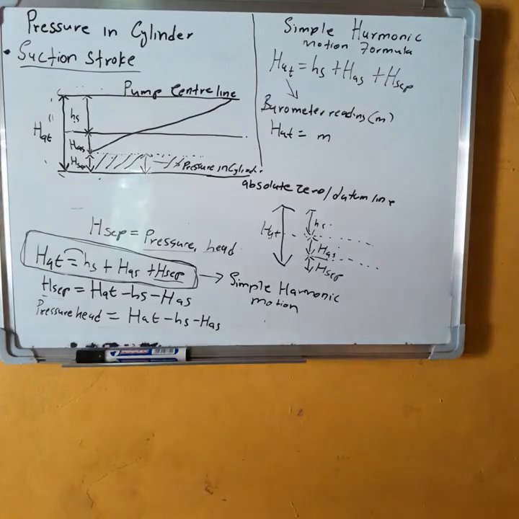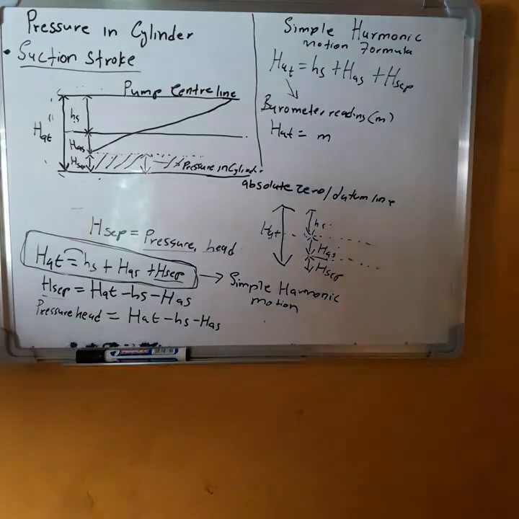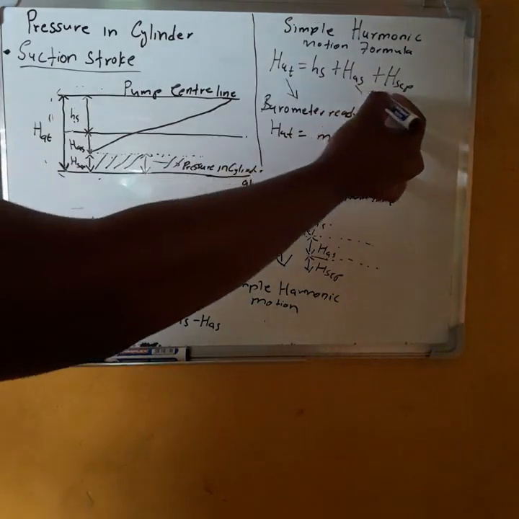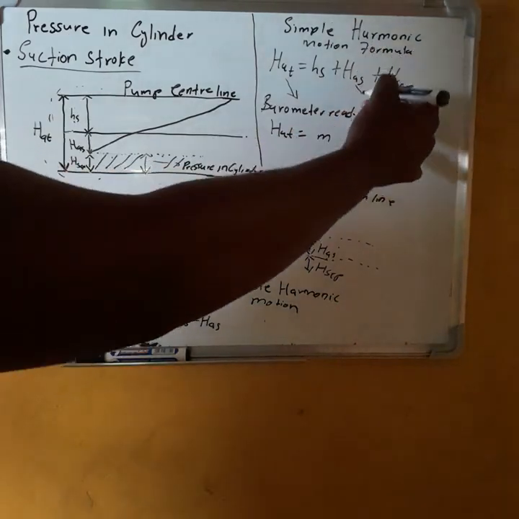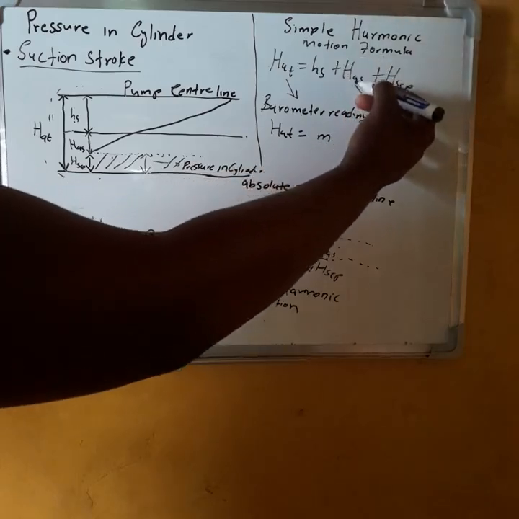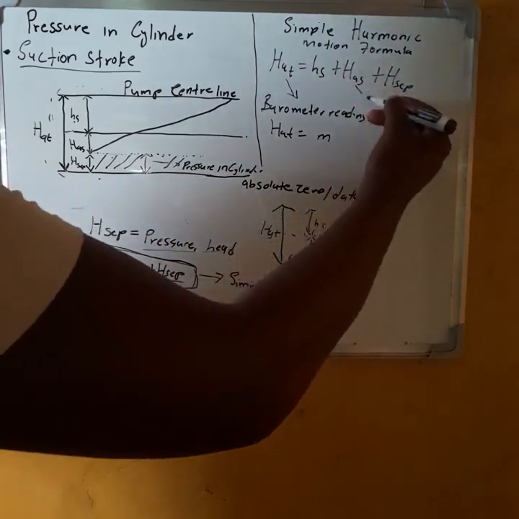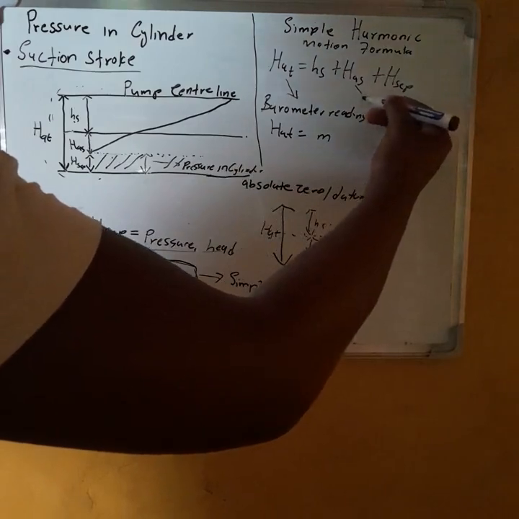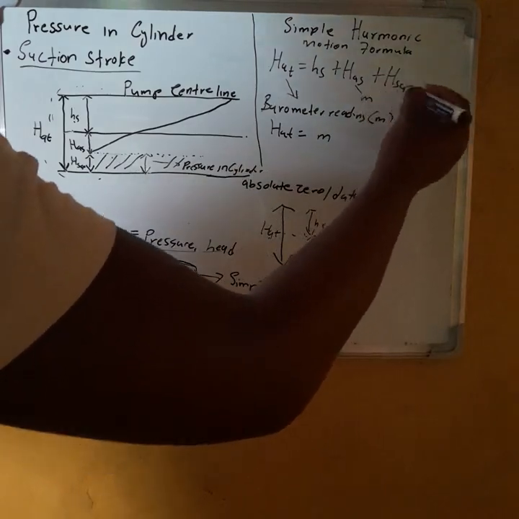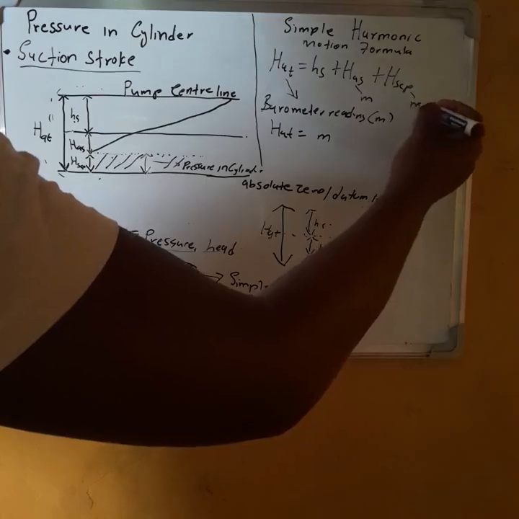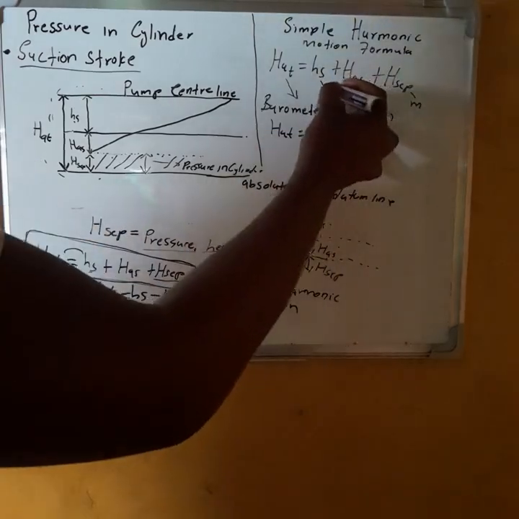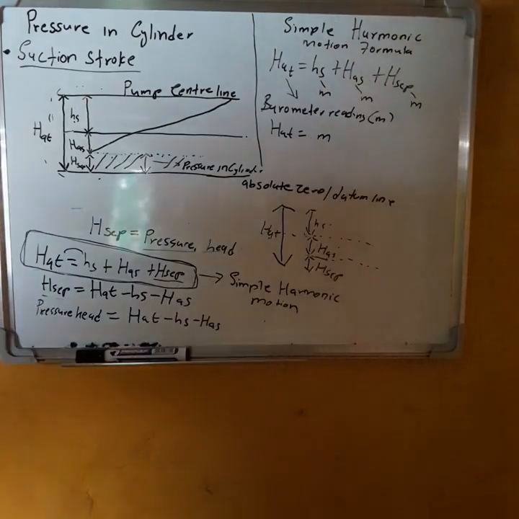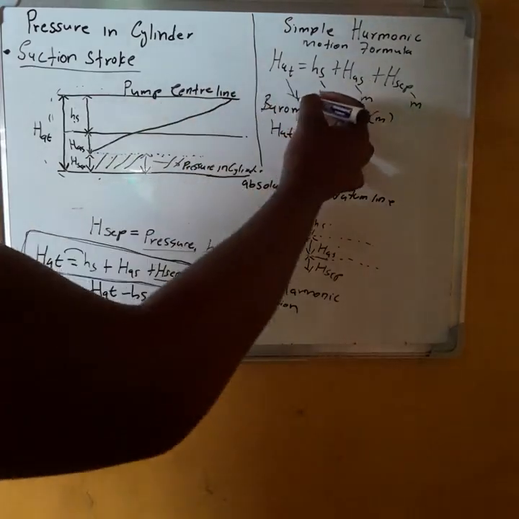Barometer reading must be in meters. This must be in meters also. The H due to acceleration must be in meters. The SI unit must be in meters. Also, this must be in meters.